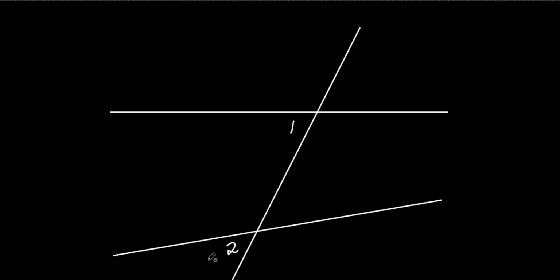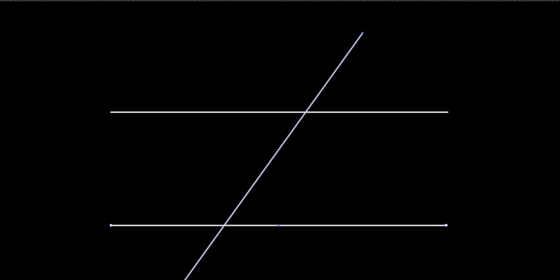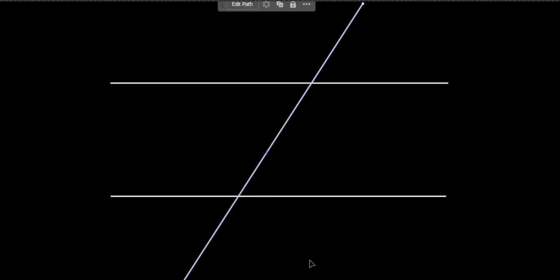Now, if I told you that they're equal to each other, what must be true about these two lines? They're parallel. Does it look like these two lines are parallel? No. So what could you probably say about angle 1 and angle 2? They're not equal to each other. But if those two angles were equal to each other, then that would force the lines to be parallel, okay? That's really the only thing different.